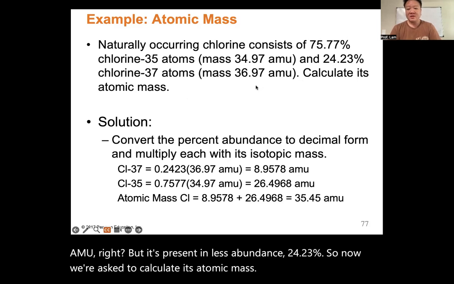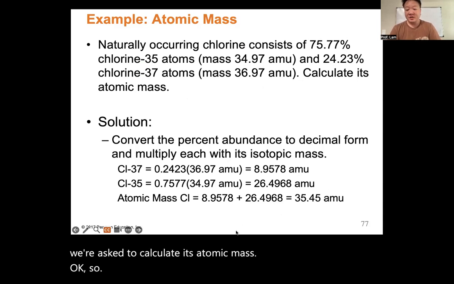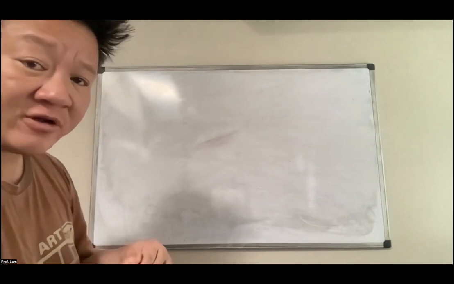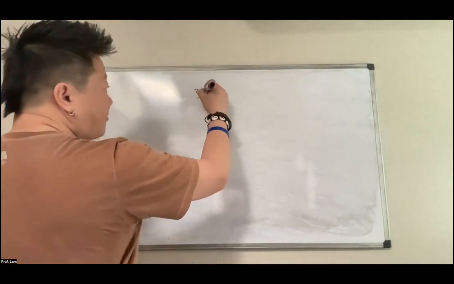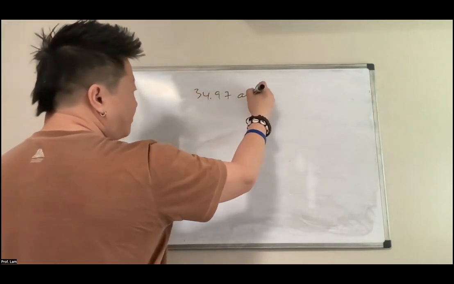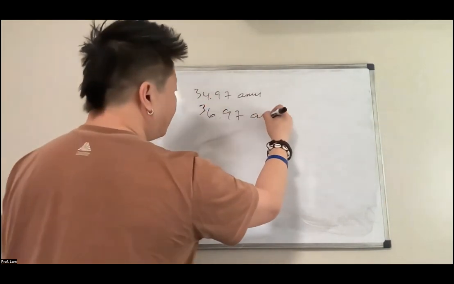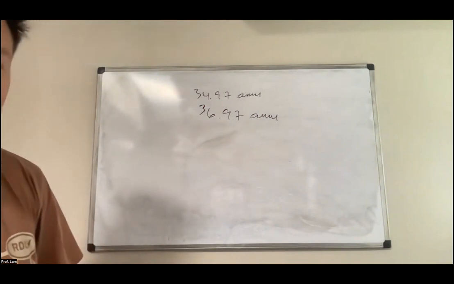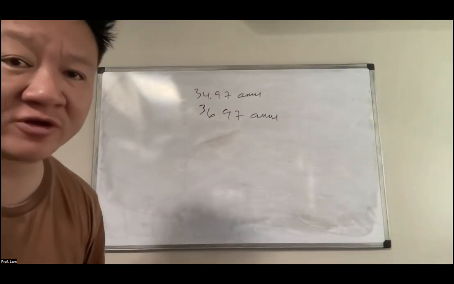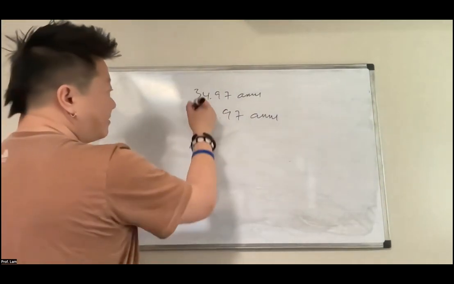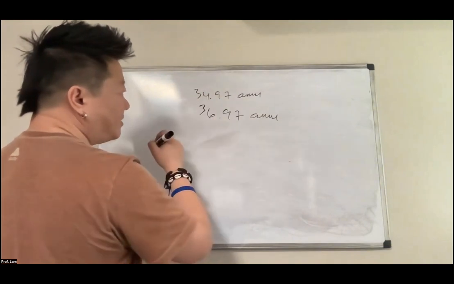If we were to just do this as a simple average, with a mass of 34.97 AMU and a mass of 36.97 AMU, the straight up average of chlorine would be 35.97, the number right in the middle.